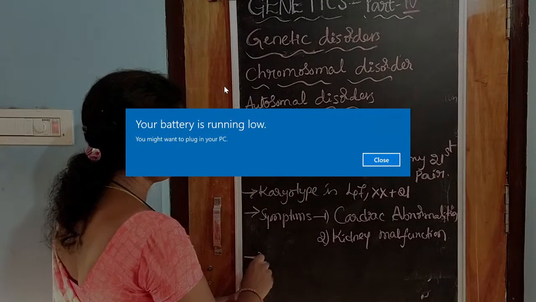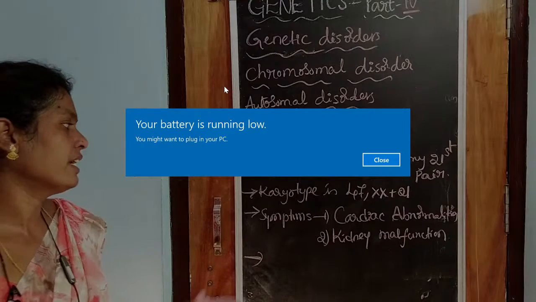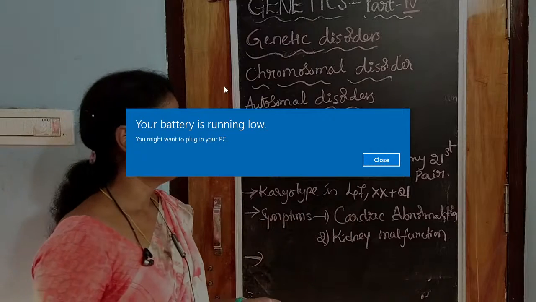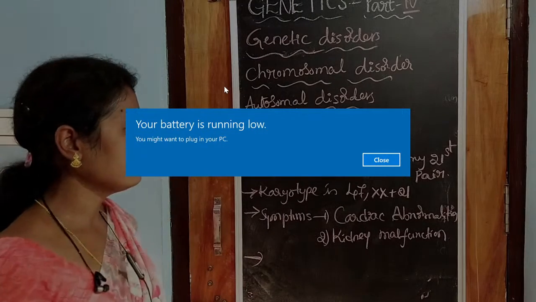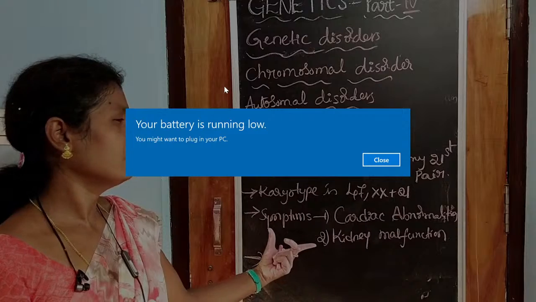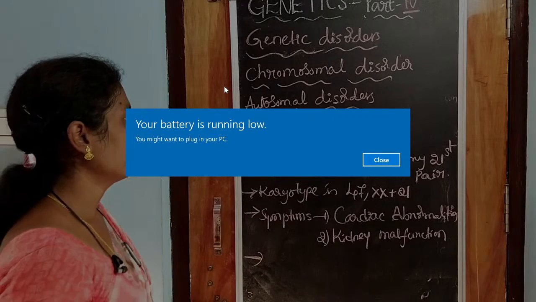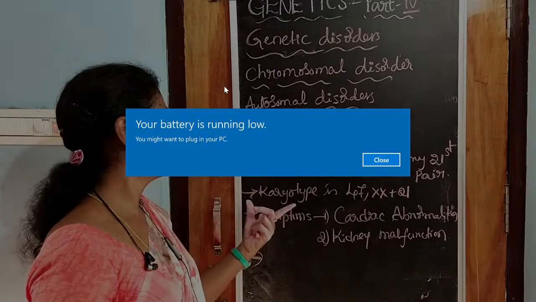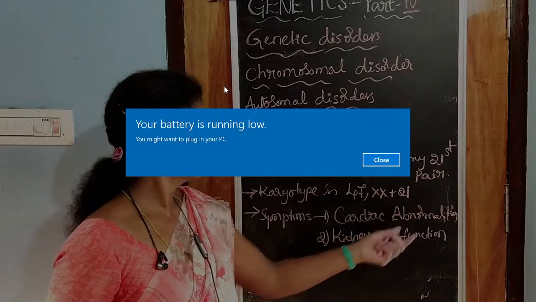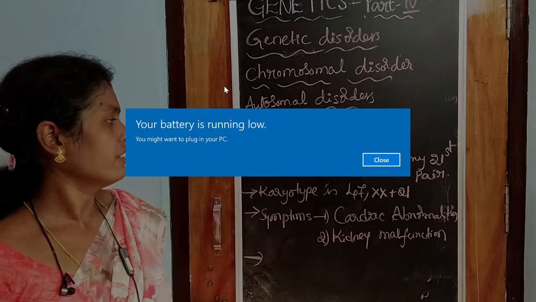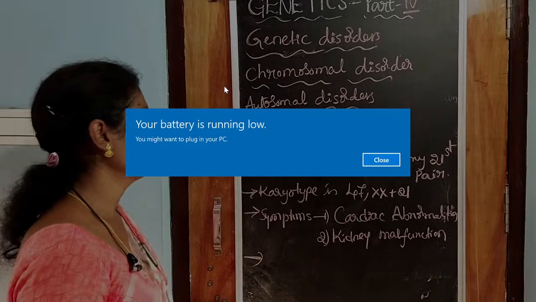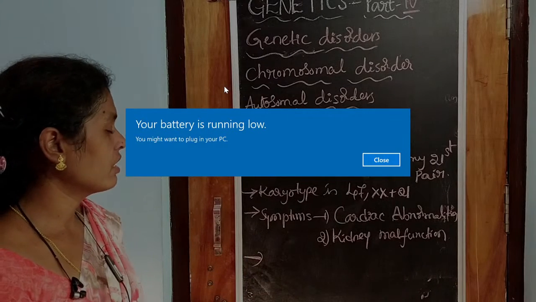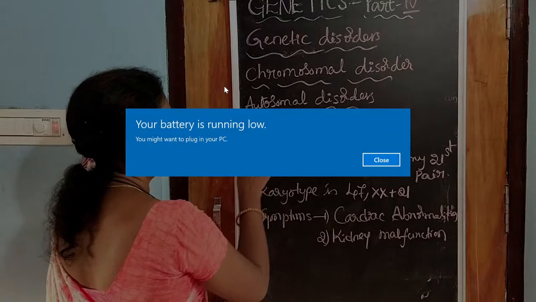And the affected child dies in the infant stage or early years of life. So this is Down syndrome, caused due to the trisomy of the 21st pair. The karyotype is 47 XX plus 21. The symptoms are cardiac abnormalities and kidney malfunction, and the child dies in the infant stage or early years of life.